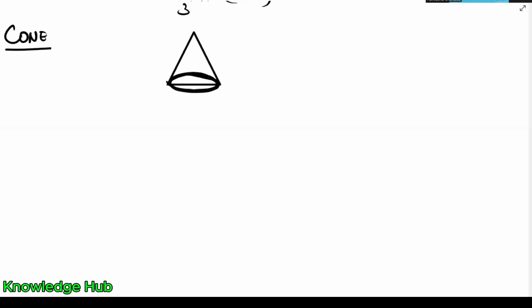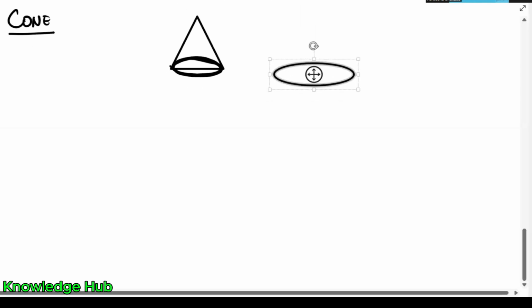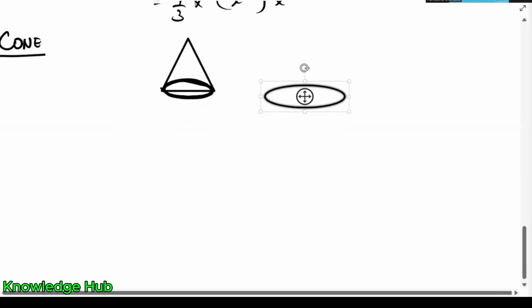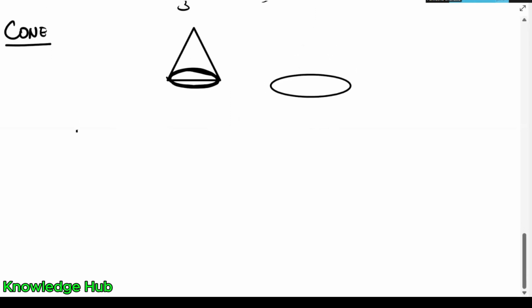Let me make a cone the other way. So this is the base of the cone. This is the radius. It has a circular base.